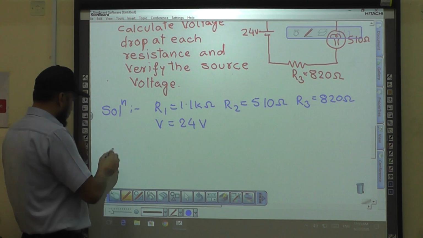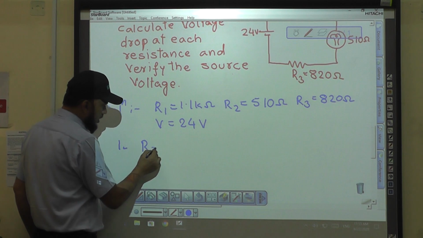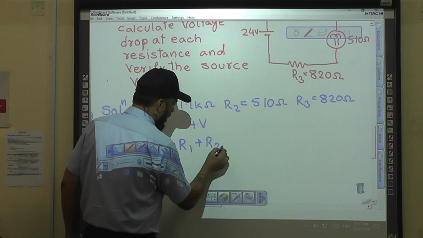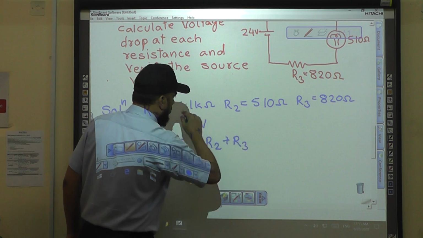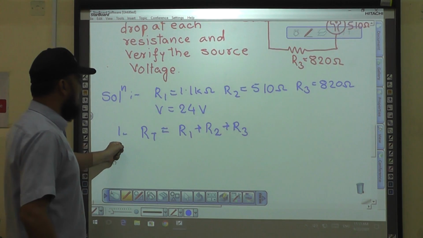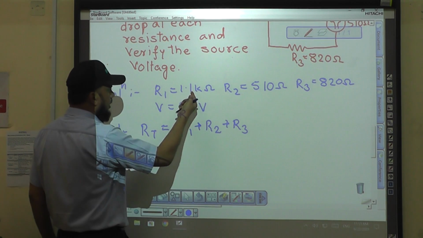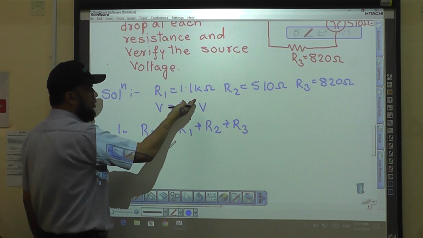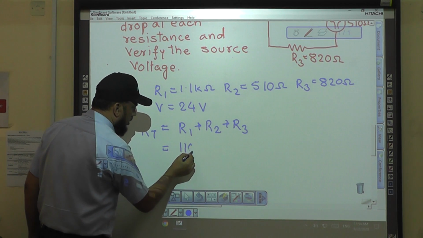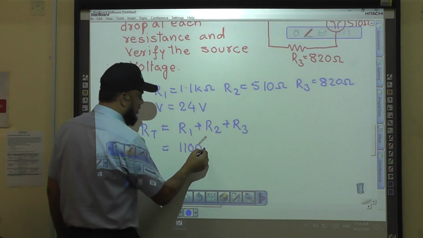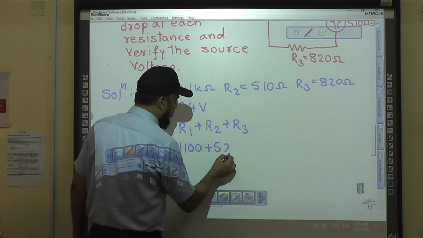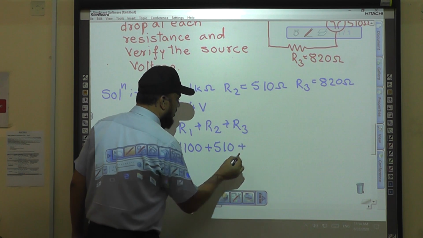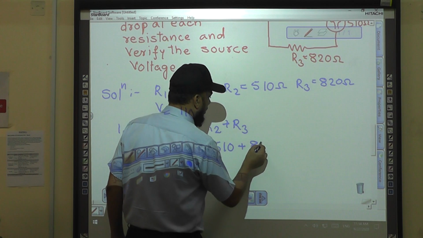Now first, we will calculate R total. What is the formula for R total? It is the sum of all resistances. If you add all three resistances, you will get R total. Now it is 1.1 kilo ohm, so we have to convert it to ohm. It will be 1100 plus R2, 510, plus 820.